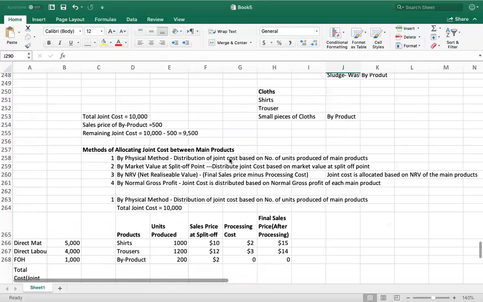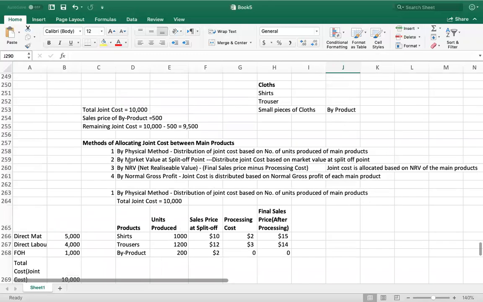First method we discussed is the physical method: distribution of joint cost based on number of units produced of the main products. Second method is by market value at split-off point, so we distribute joint cost based on the market value at split-off point. Third method is by net realizable value.